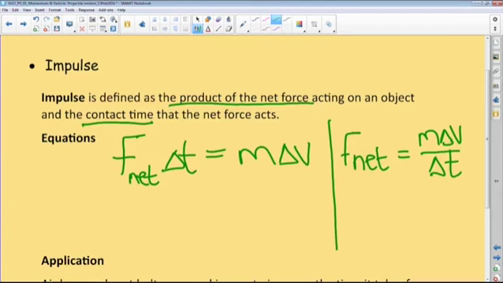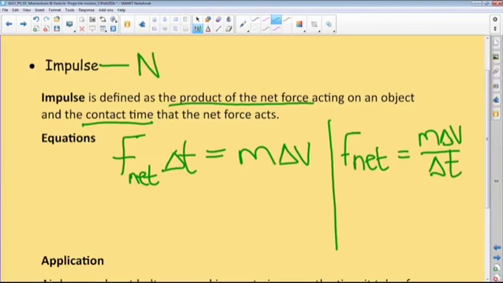Same thing. Why is impulse important? Well, before we get there, first I need to remind you, the units of impulse are Newton seconds. It is equal in value to the change in momentum, equal in value, but it has a different unit. It will be the same direction.